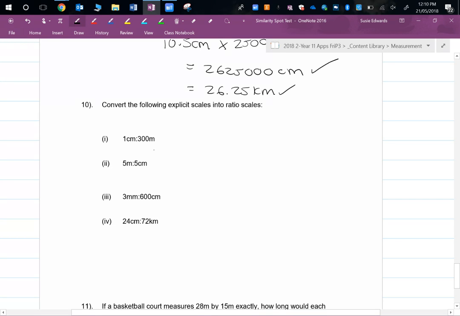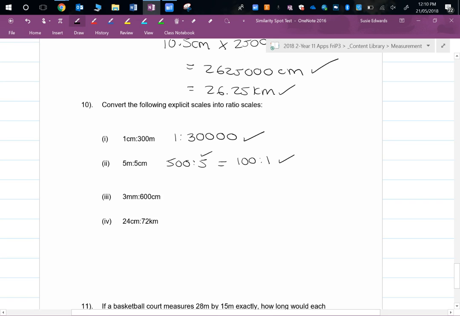So if it's 1 centimetre to 300 metres, you need to convert the metres to centimetres. So we've got 30,000. That's worth 1 mark. 5 metres to 5 centimetres is 500 to 5. Now we need to change it to be out of 1. So that's worth 1 mark, but that equals 100 to 1, which is your second mark.